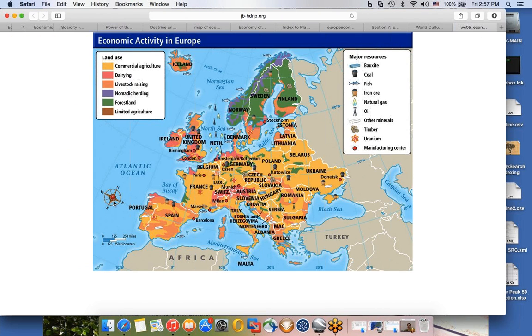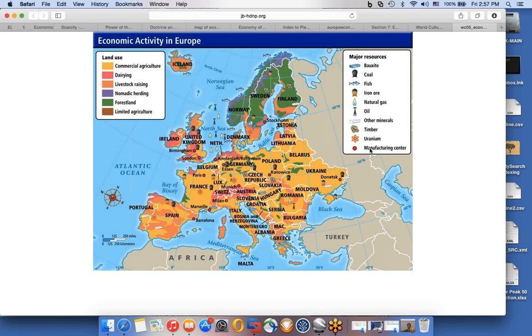I went to this map, economic activity in Europe, another good example of the same type of map where you have the use of land, what the different things are that land is used for, and then the natural resources that are available and exploited for that.